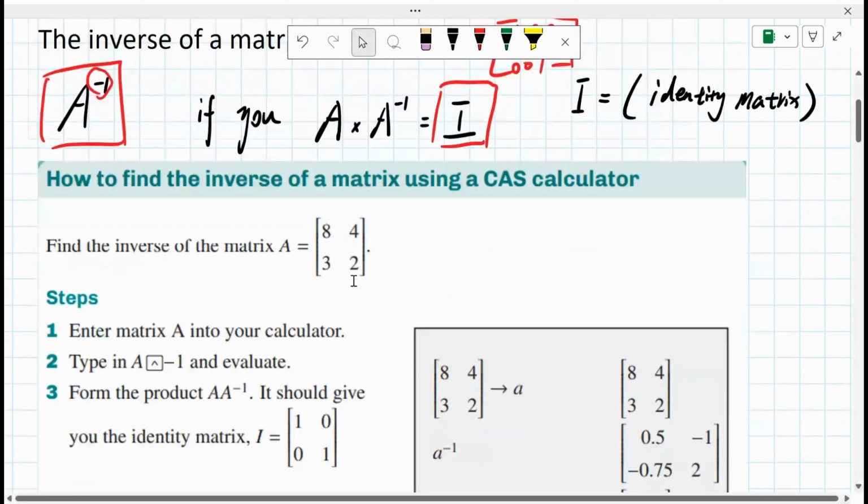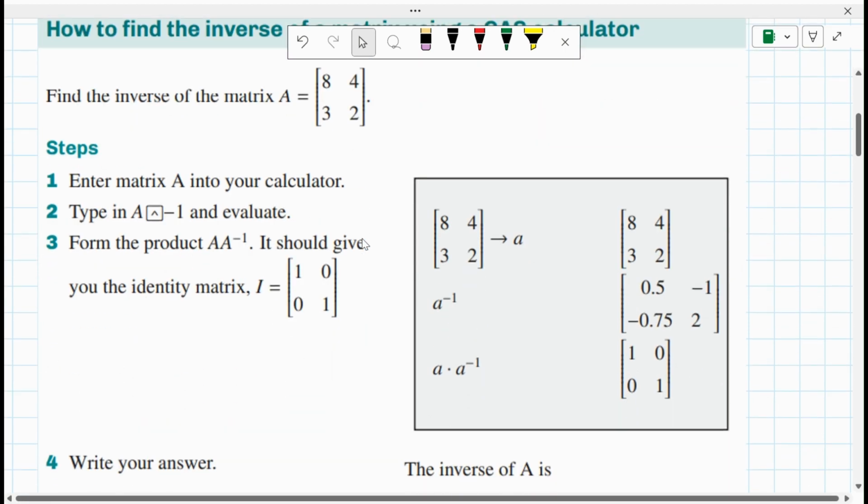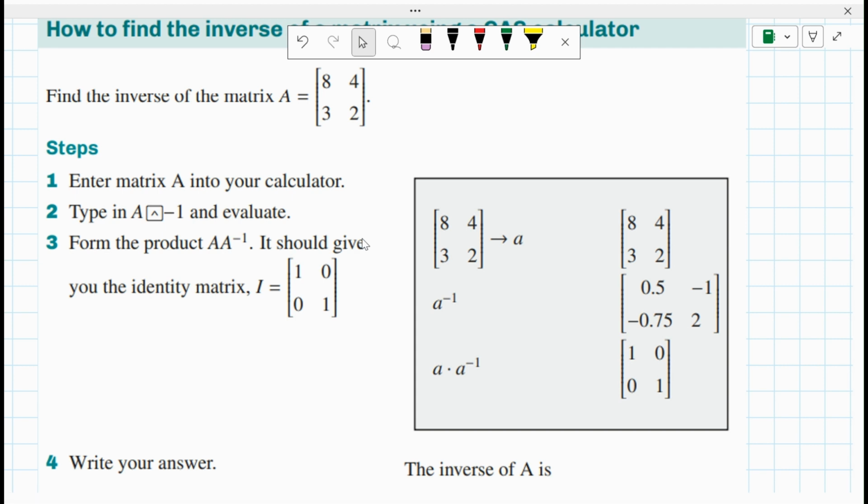So how do we find the inverse matrix using the CAS calculator? There are four steps. You enter your matrix A into the calculator, then type A to the power of -1 and evaluate, and then you will be able to find the inverse.